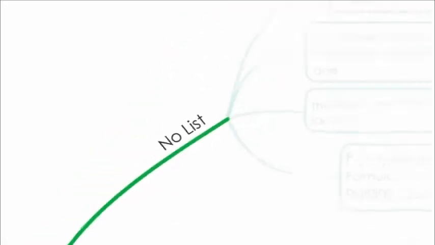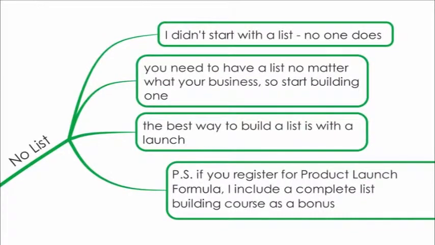I hear, "Jeff, this looks fantastic, but I don't have a list, so I can't do this." And the thing is, I didn't start with a list. No one does. Everyone starts with that first subscriber. I told you how I started with 19 email addresses on my list, and I built it from there gradually.